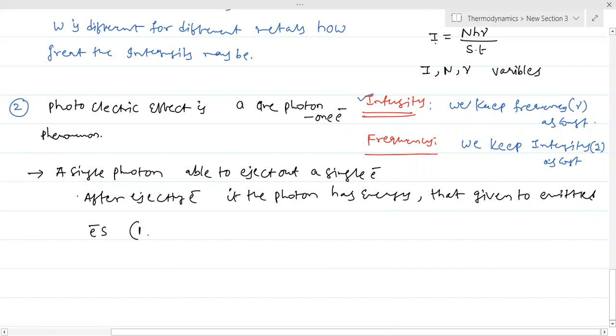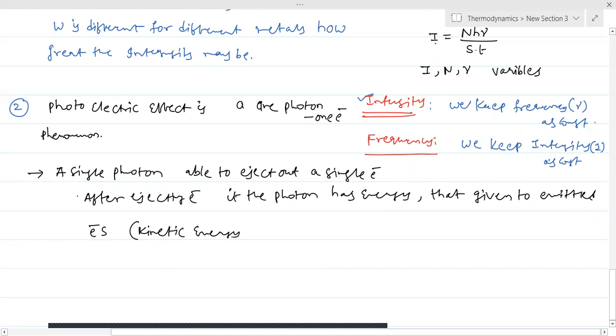Generally, it appears in the form of kinetic energy of the ejected electron.